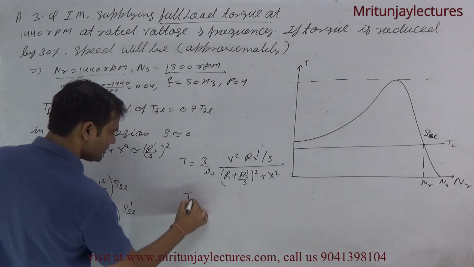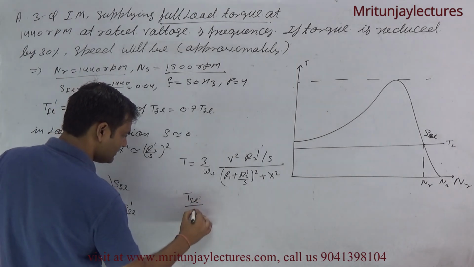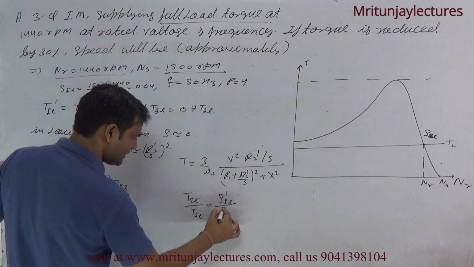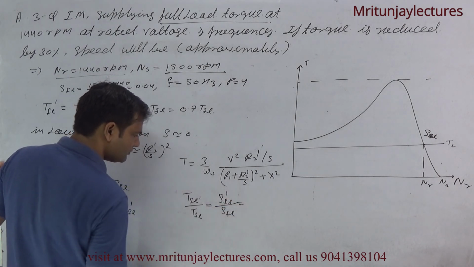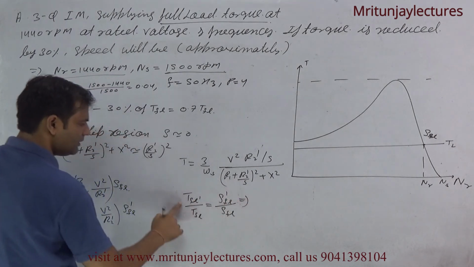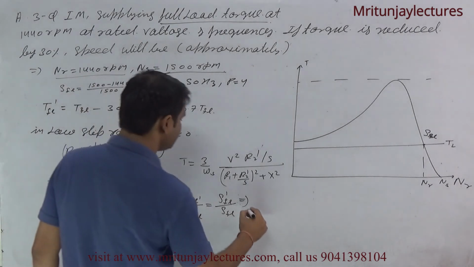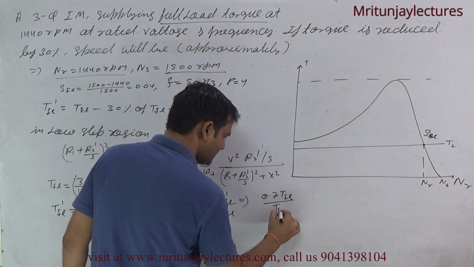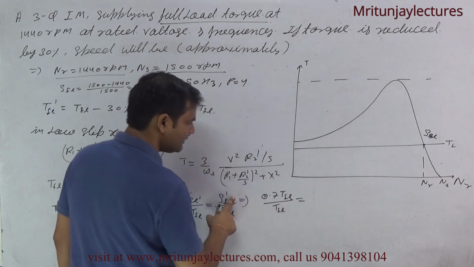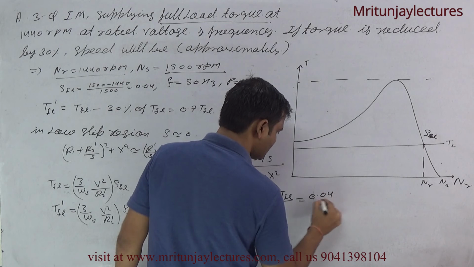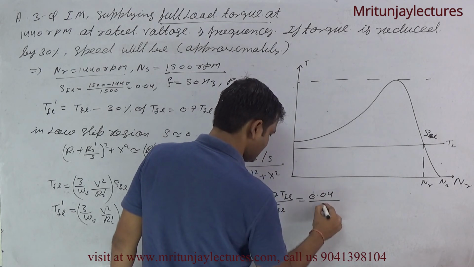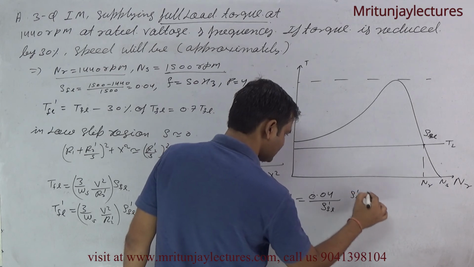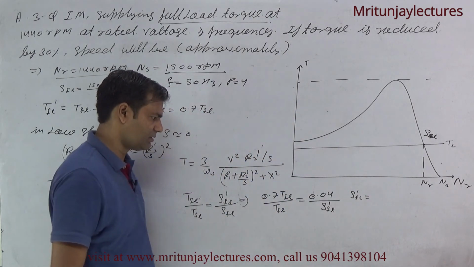So TFL dash divided by TFL is equal to SFL dash divided by SFL. Now it is written as 0.7 TFL divided by TFL is equal to SFL dash divided by 0.04.